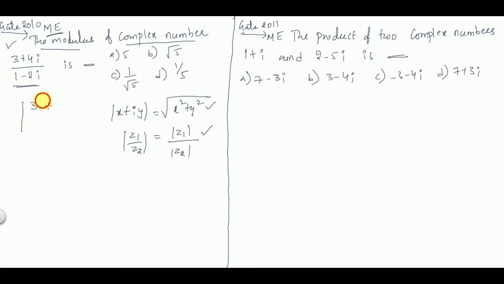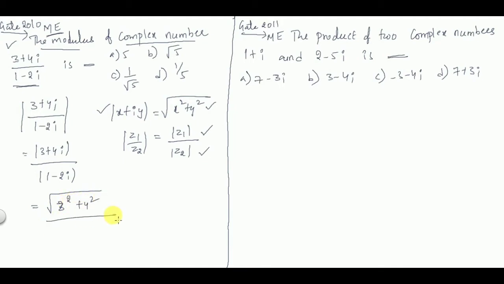So we need the modulus of 3 plus 4i by 1 minus 2i. From this concept we can write it as modulus of 3 plus 4i divided by modulus of 1 minus 2i. Using modulus of x plus iy is root of x square plus y square, x is now 3, so this is root of 3 square plus 4 square, divided by, even though there is a negative sign, it is also equal to x square plus y square only.